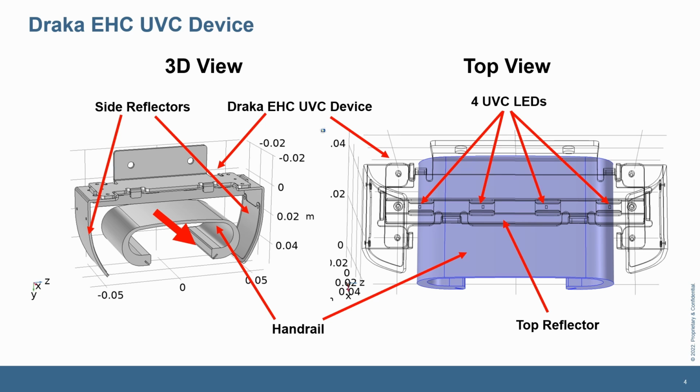Based on this structure of the UVC device, the handrail top surface will receive more UVC than the 2 sides while the handrail passes the UVC device. This is why we designed reflectors on the 2 sides to enhance UVC on the sides of the handrail.